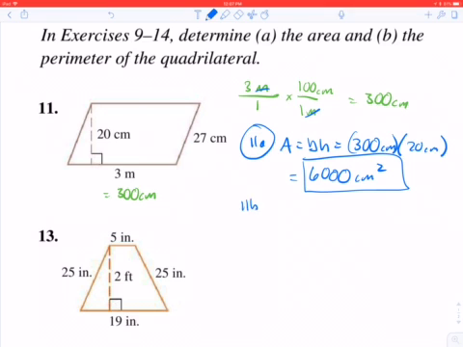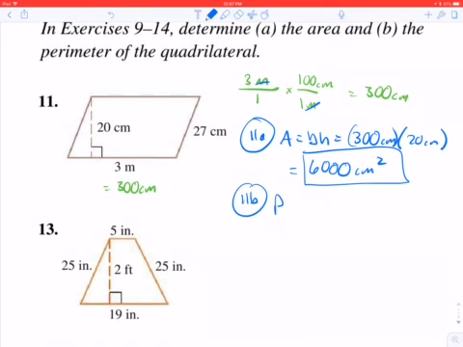Then for 11B, where we find the perimeter, we add up all the sides. The perimeter is going to be 300 centimeters, plus 300 for the top and bottom, plus 27 centimeters plus 27 centimeters.